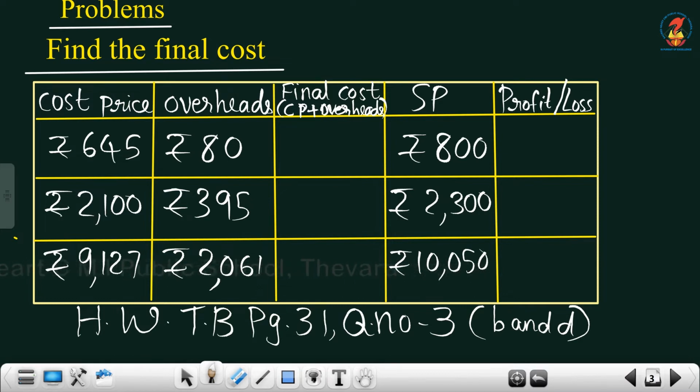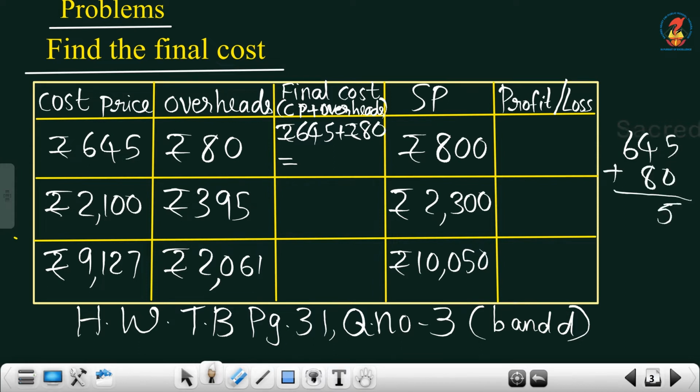Final cost is what? Rupees 645 plus rupees 80. I will get what? 645 plus 80. 5, and 2, 1, 6 plus 1, 7. 725.